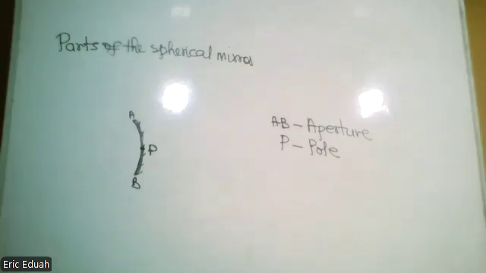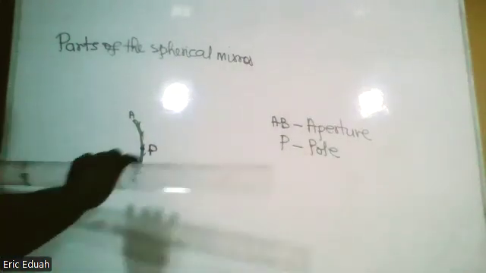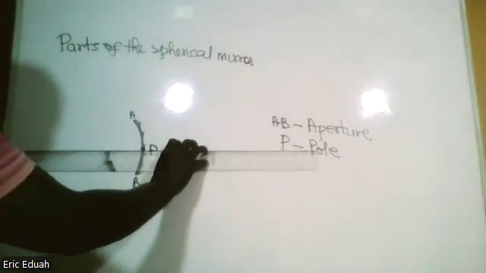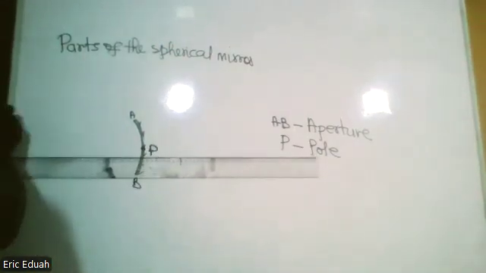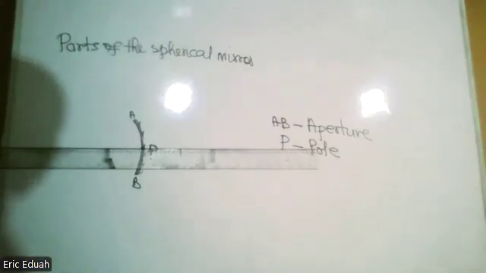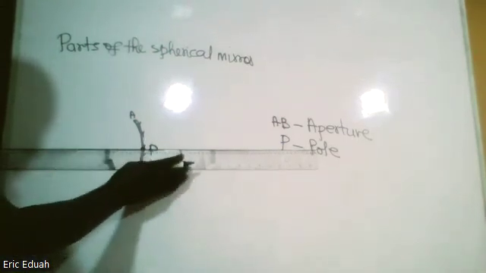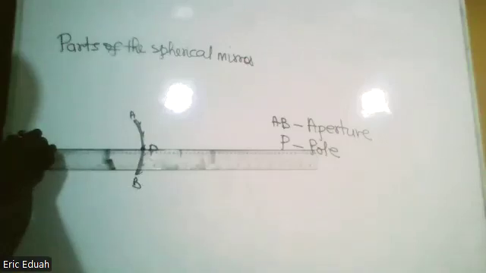Then for ray diagram purposes, there is an imaginary horizontal line passing through the center or the pole of the mirror, which divides the mirror into two parts.